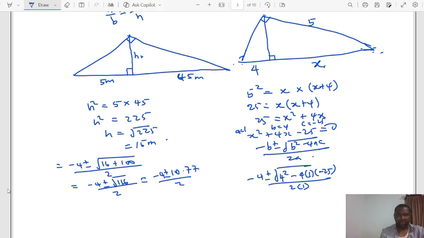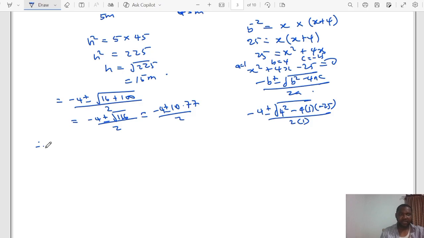So that means x can be minus 4 plus 10.77 over 2, and x can also be minus 4 minus 10.77 over 2. Minus 4 plus 10.77 divided by 2 gives me 3.385.